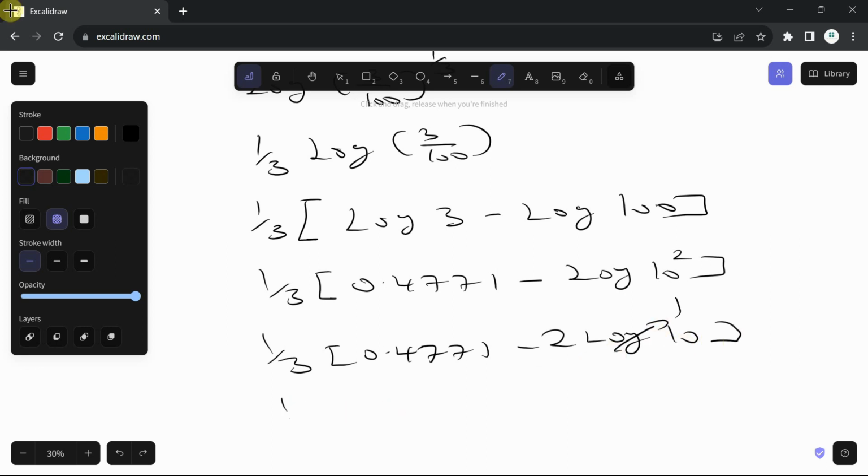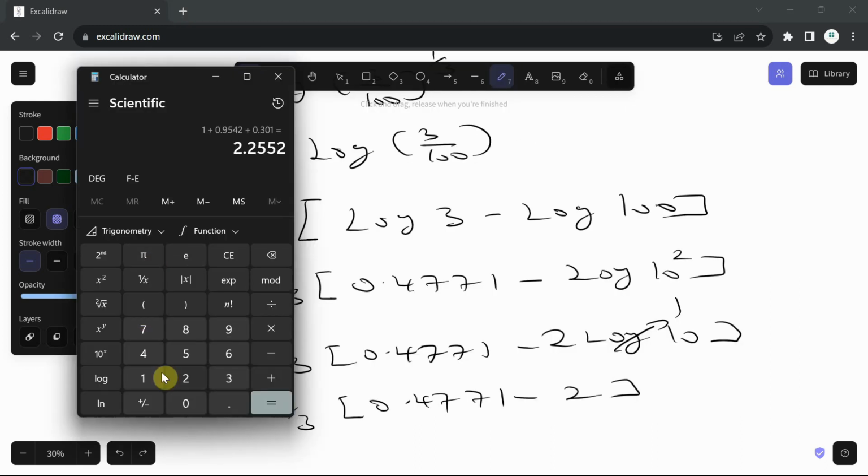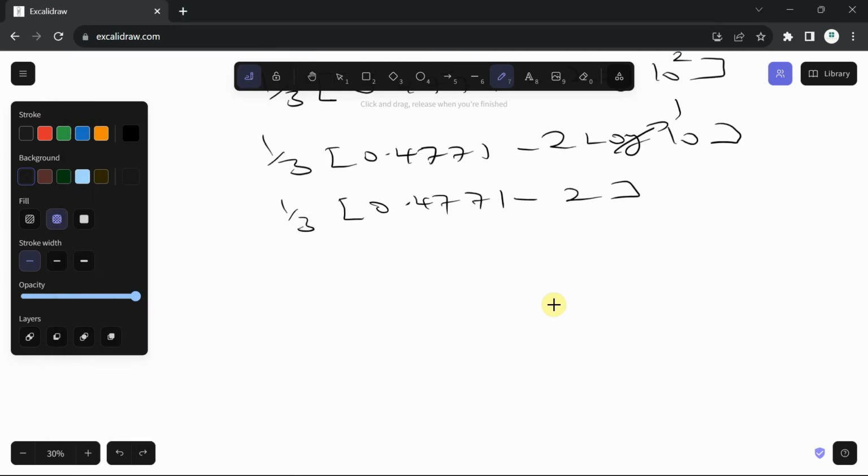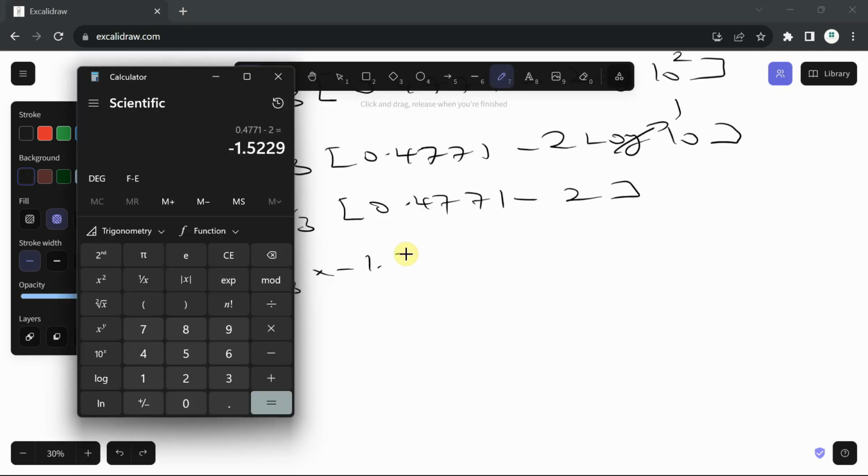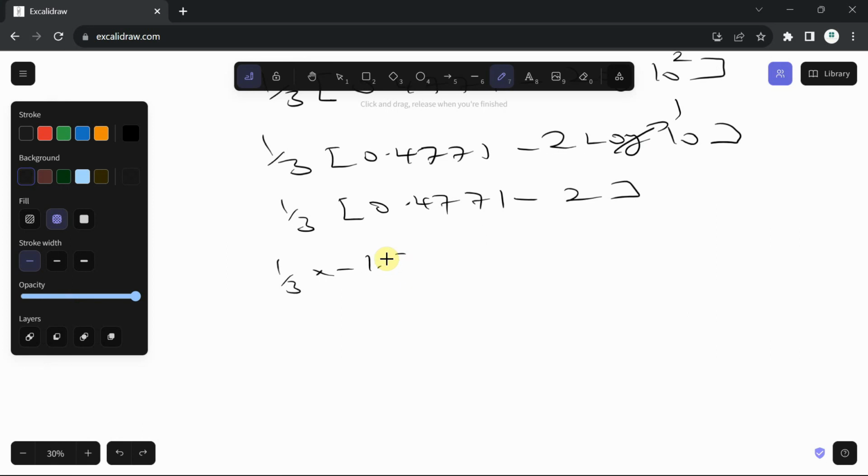So this is like saying 1 over 3, 0.4771 minus 2 times 1, which is 2. So by the time we do 0.4771, I'll subtract 2 from it. That will be minus 1.5229. So this will give us 1 over 3 times minus 1.5229. Okay.